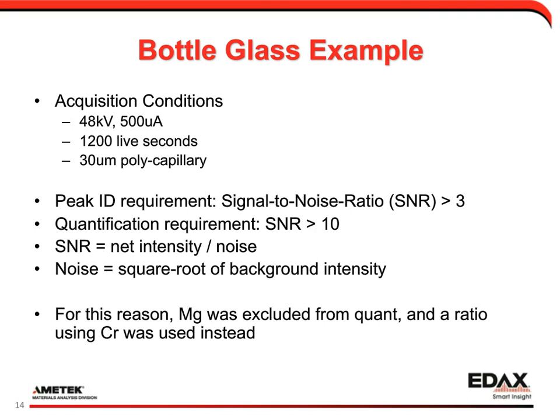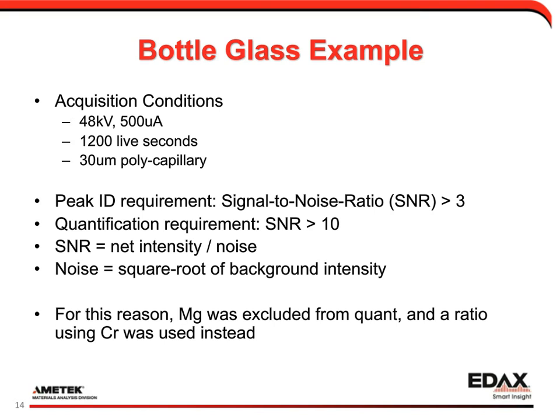And to use those elements for quantification in this intensity ratio process, they have to have a signal-to-noise ratio greater than 10, where the signal-to-noise ratio is equal to the net intensity ratioed against the noise, and the noise is equal to the square root of the background intensity.